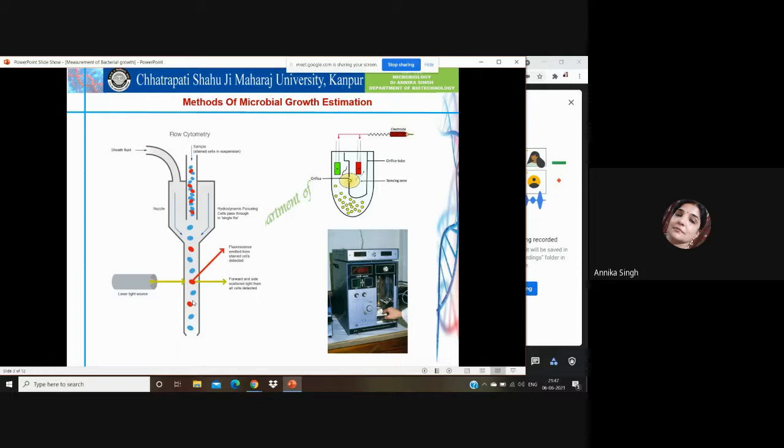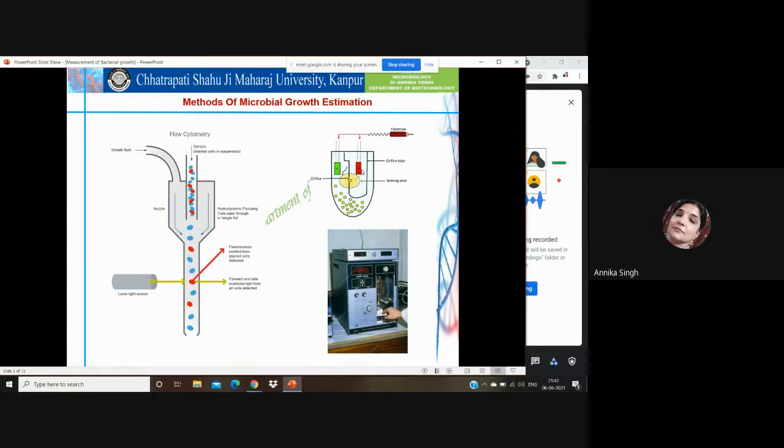Next method is the Coulter counter method. A Coulter counter is an electronic device, and you can see here the picture of the Coulter counter. It possesses a very small orifice, and through this orifice only a single cell can pass.